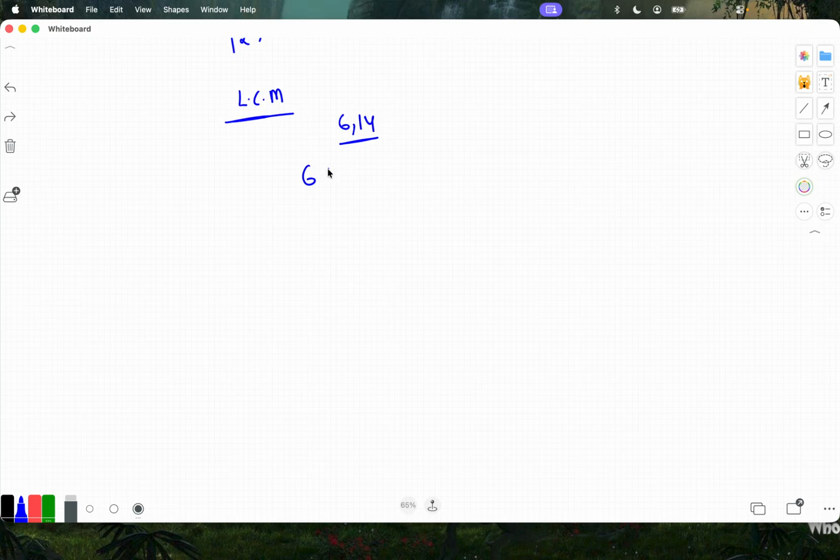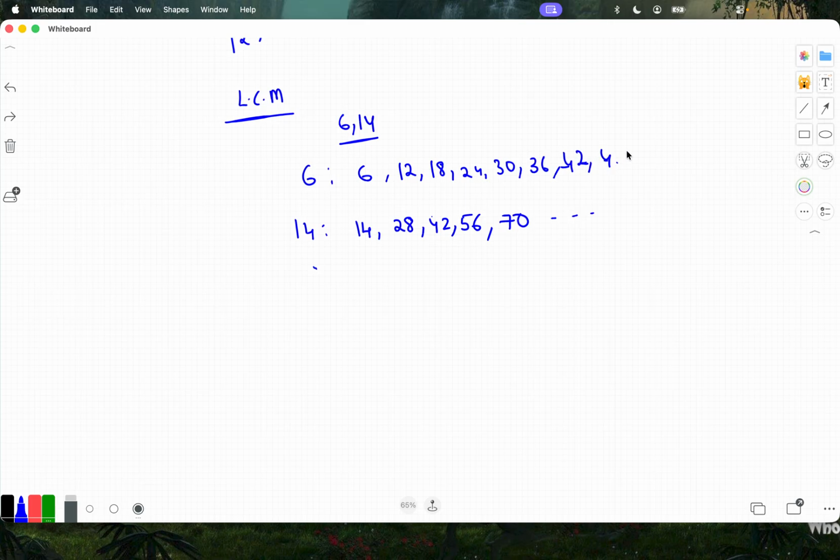All you have to do is write the tables. 6 ones are 6, 6 twos are 12, 6 threes are 18, 6 fours are 24, 6 fives are 30, 6 sixes are 36, 6 sevens are 42, 6 eights are 48.